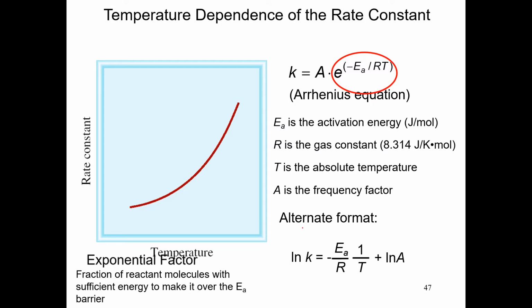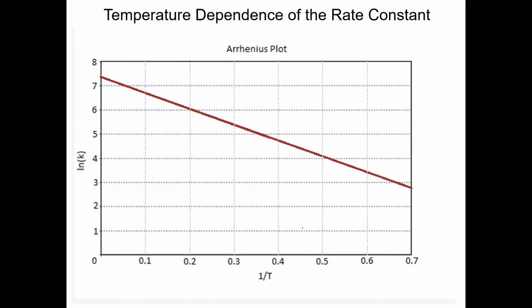So let's say you do a series of experiments and you find out the rate constant at different temperatures. And then you make a graph of the natural logarithm of k versus 1 over T. This is called an Arrhenius plot.